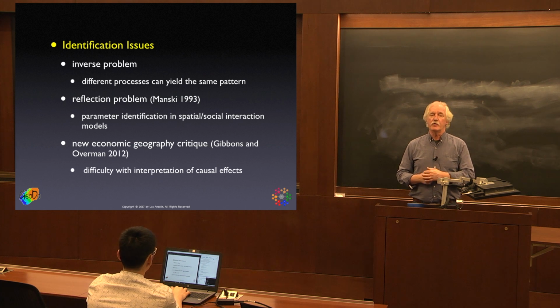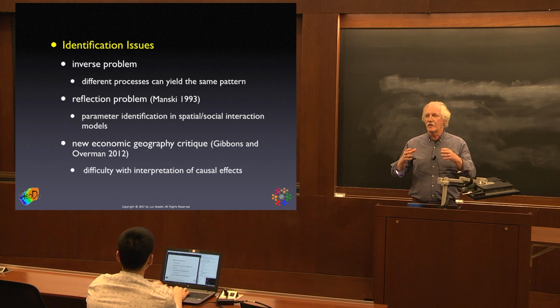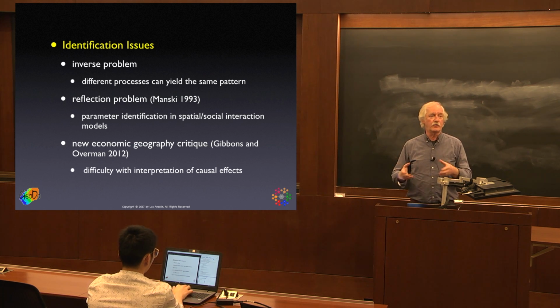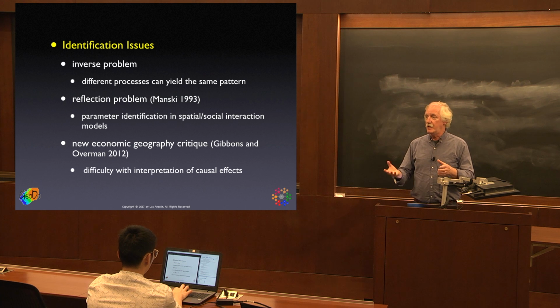So for example, if you look at disease data and you find that everybody in a village has a particular disease, that's the pattern, right? The inverse problem is, how did they get this disease? Did they get this disease because, say, their water is contaminated? That would be a case of spatial heterogeneity. Contaminated water means they get sick, right?